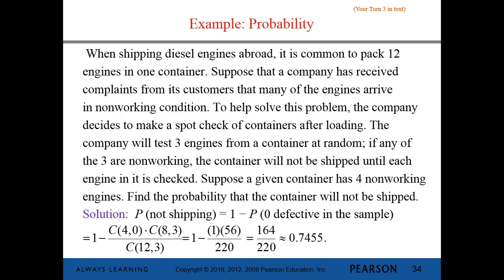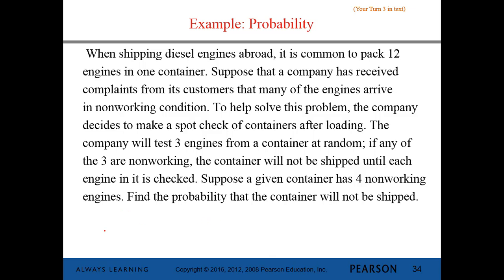Now, in this case, because we're dealing with at least one, the easiest way to do this is to use the complement rule. Why is this? Well, let's back up. We want the probability that at least one of the three is defective.